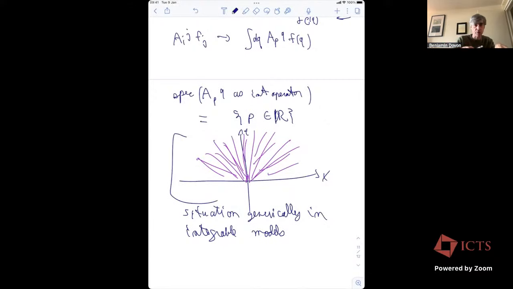You get hydrodynamic integral operators, and these integral operators typically have a continuous spectrum, and these are the velocities that you observe along this continuous spectrum in an integrable system.